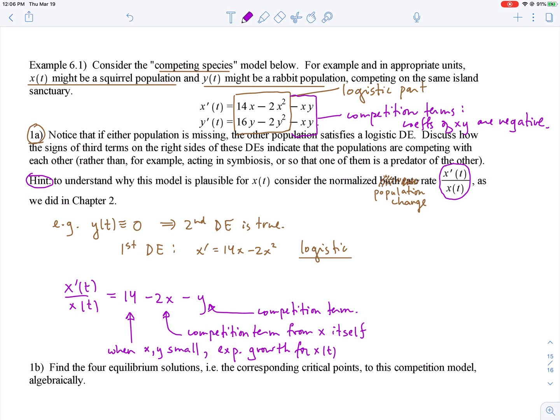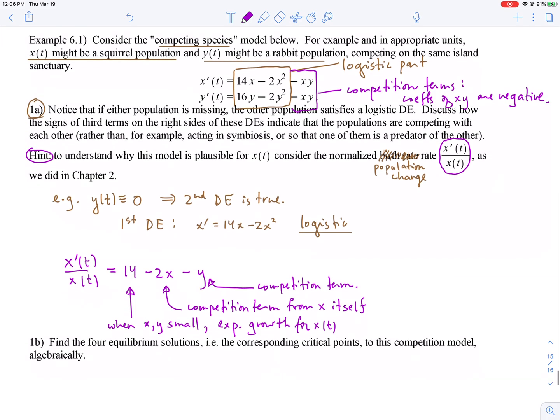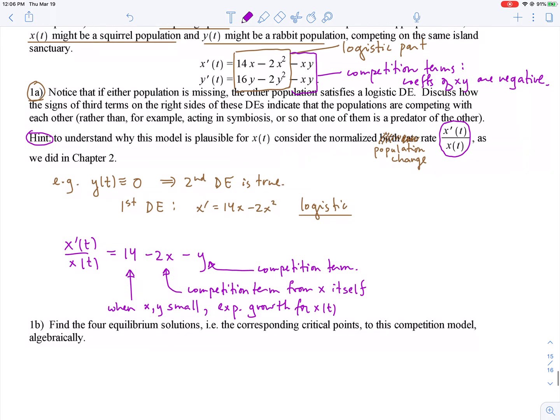Or if one sign is positive and one sign is negative, you get what are called predator-prey models, where the presence of one population, say the prey, helps the other population increase, say the predator, and the thinking is reversed for how the predator affects the prey population.